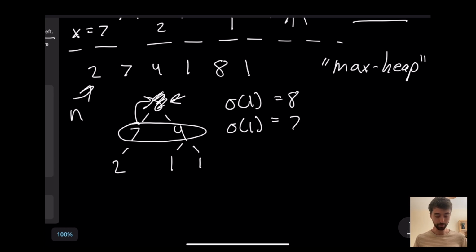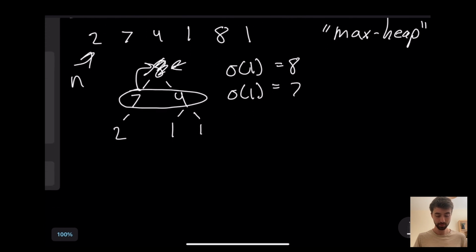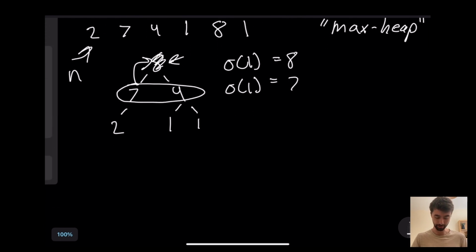So one important thing to point out, I think, is that in Python, when you're using heapq, I think that is the name of the internal library that I used in the last video, it only allows for min heaps, which doesn't work for us here because we want to keep track of the max value.